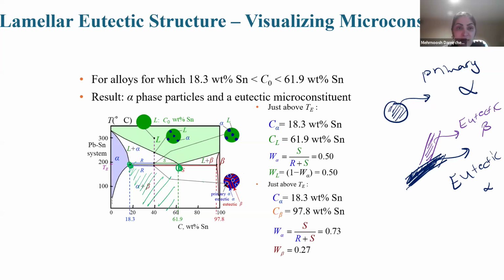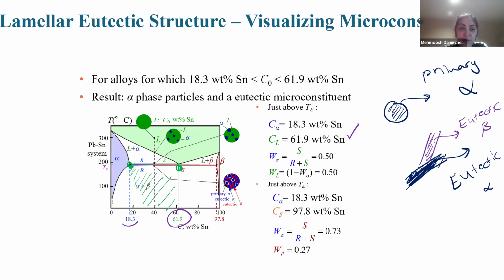Okay. For example, the temperature is approximately near the TE, we consider that, and we draw a horizontal line that intersects the alpha region at 18.3, so C alpha is 18.3, and intersects the liquid region at 61.9 weight percent Sn.